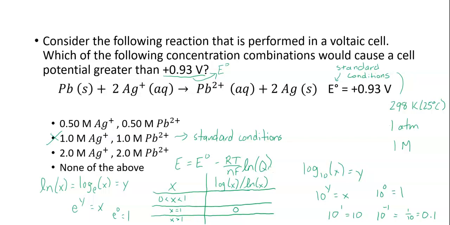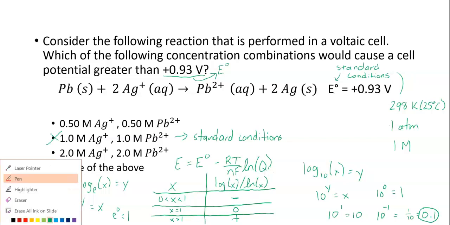So the log, remember, is kind of the opposite of that. So the log says if the number you put in is greater than 1, the output, which is really the exponent, is positive. And if the number you put in is less than 1, then the output, which is really the exponent, is negative.